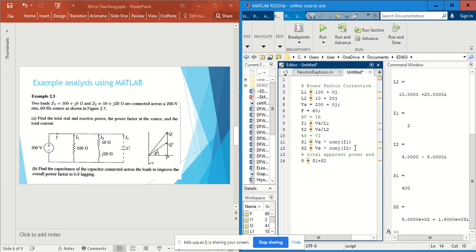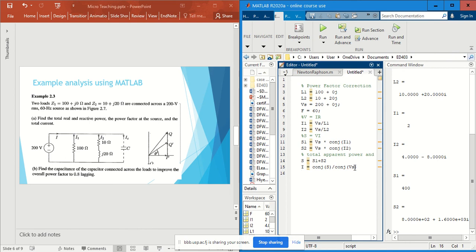Everyone agrees to this? Okay, right? And our total current I will be equal to the conjugate of S, capital S, the total power, divided by the conjugate of Vs, the supply voltage.